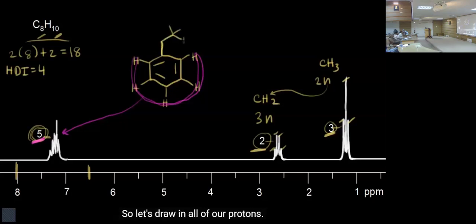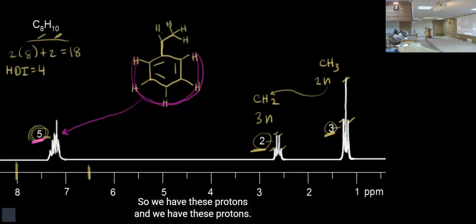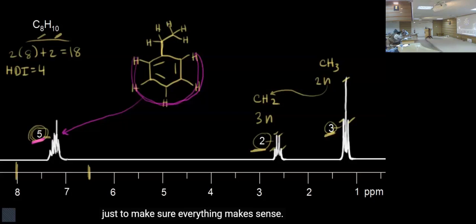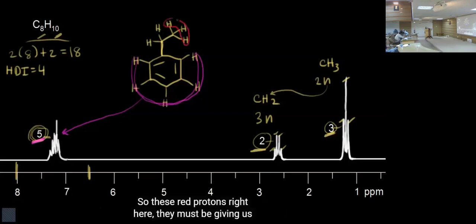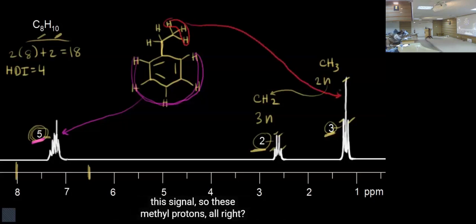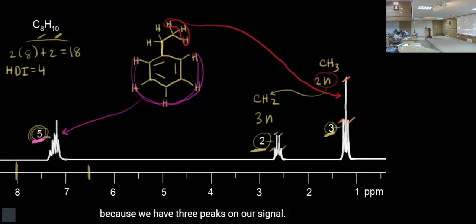So let's draw in all of our protons. We have these protons and we have these protons. Let's color coordinate here just to make sure everything makes sense. These red protons right here must be giving us this signal. So these methyl protons, we'd expect 2 neighbors because we have 3 peaks on our signal. And here are the 2 neighbors, 1, 2.